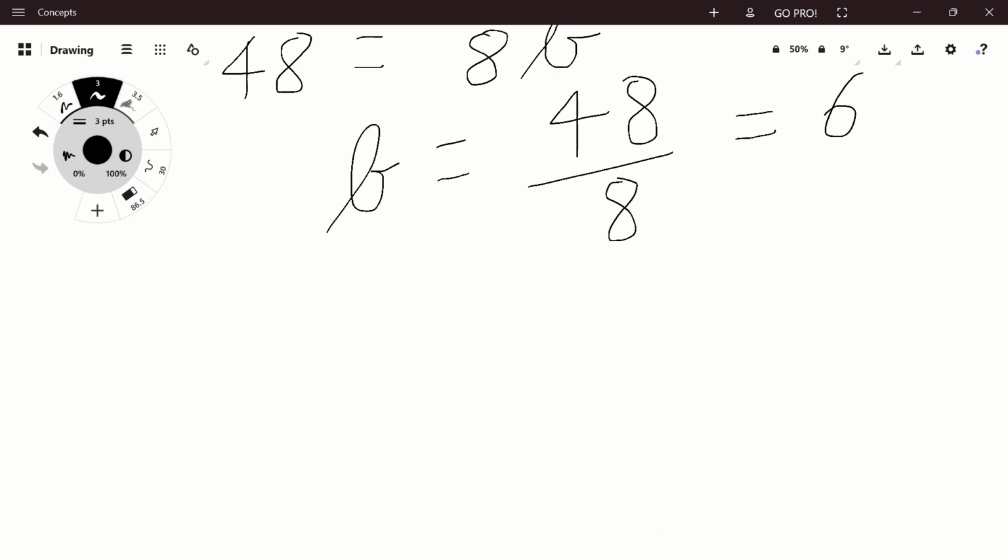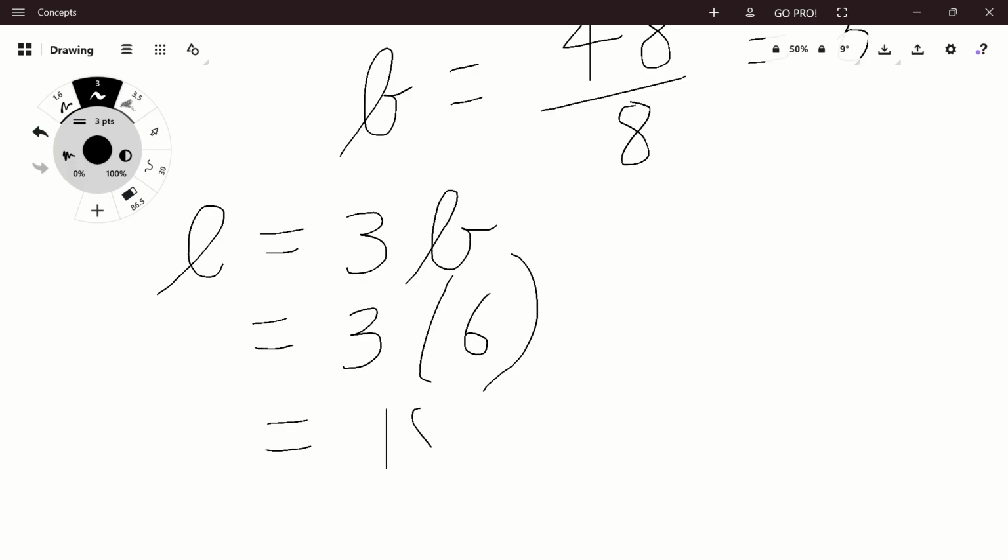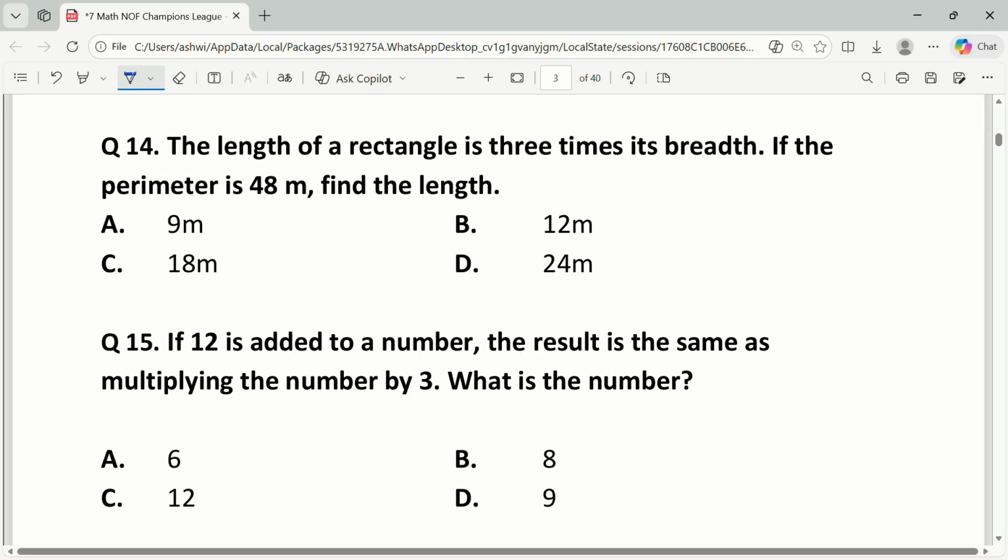Now we have the breadth as 6. Now calculating the length using the relationship L is equal to 3B, which will be equal to 3 into 6, which will be equal to 18 meters. So the length of the rectangle is 18 meters, which is option C.